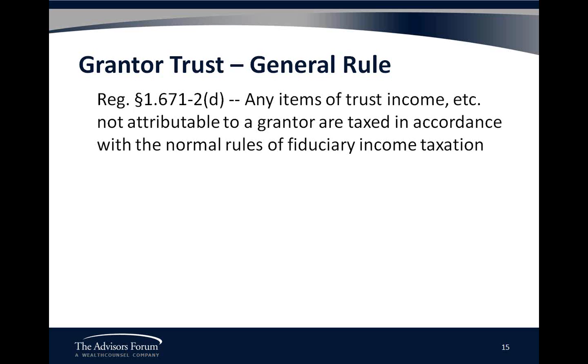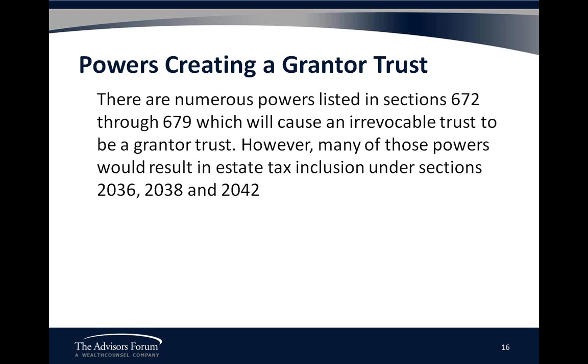And again, as I've said earlier, if it's not taxed to the grantor, then it's taxed within the normal rules of fiduciary income tax. So now what we have to do is go through the powers, because we have to thread the needle. We want to make it a grantor trust for income tax purposes, but we need to stay clear of the string sections, 2036, 38, 42, because that will defeat the whole purpose of what we're doing, unless, of course, you really want to keep it includable in the grantor's estate.